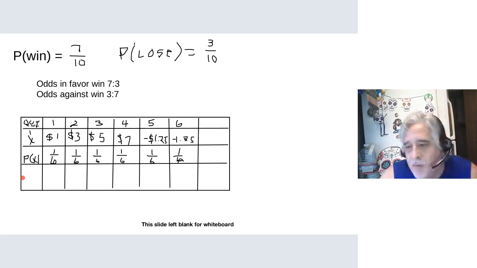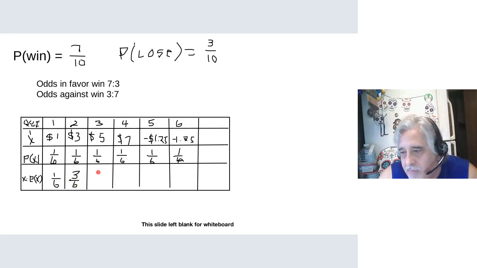Now what I'm going to put right here is X times P of X. I'm going to multiply those 2 rows. And I'm going to leave off the dollar sign for now, just to make it easier. So 1 times 1/6 is 1/6. 3 times 1/6 is 3/6. 5 times 1/6 is 5/6. Seven times 1/6 is 7/6.